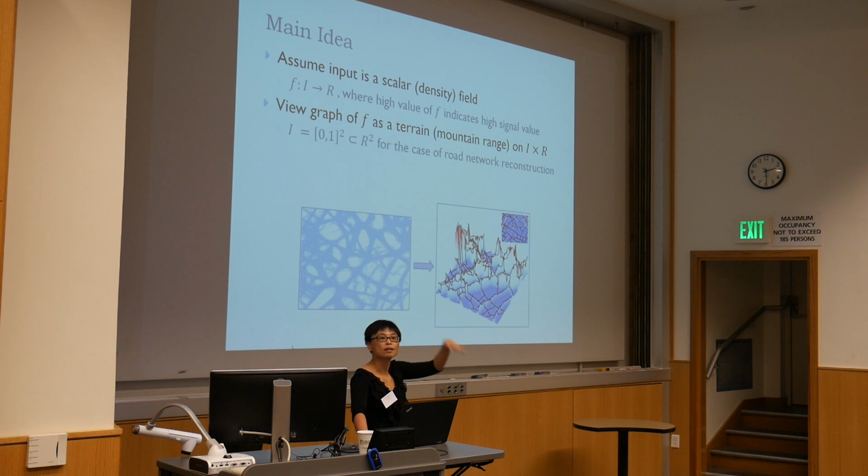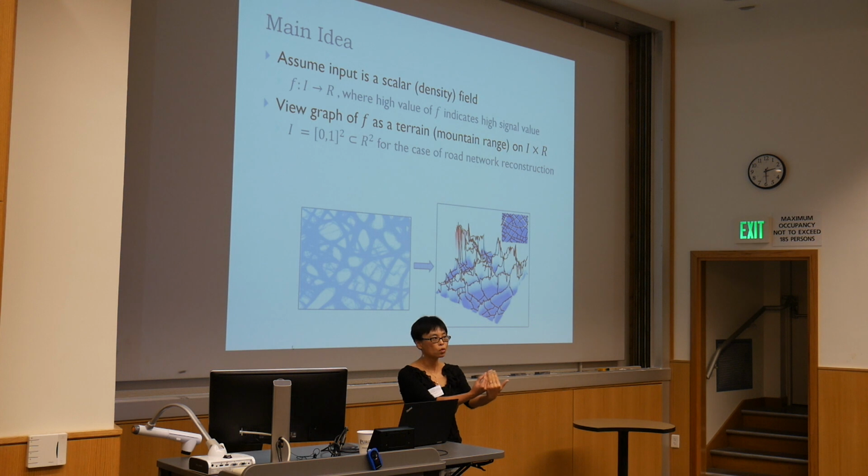This gives me a terrain, in this case over R2. The sampling could be non-uniform, but even though I don't really see where the roads are, close to the road you can imagine that the sampling, the density, should still be higher than off the road. So this is not a critical point, because it may not be higher than neighboring points on the road, but it's higher than things going off the road.